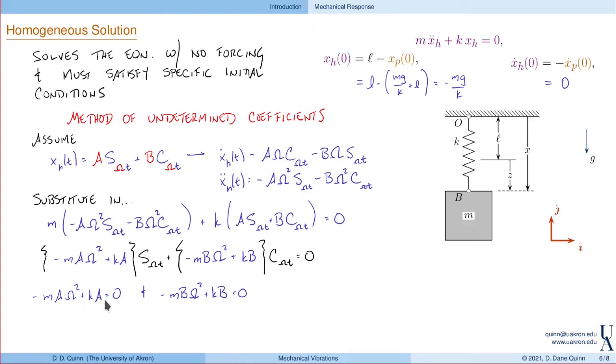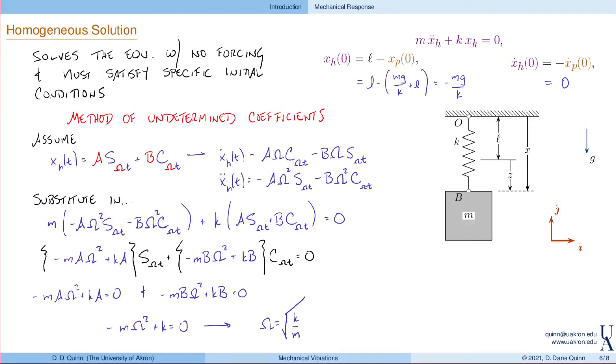Notice that if I factor out an A from this equation and a B from this equation, I get exactly the same thing. So in particular, these work if minus m omega squared plus k is equal to 0. So we can solve for omega. And we find that omega is the square root of k over m.